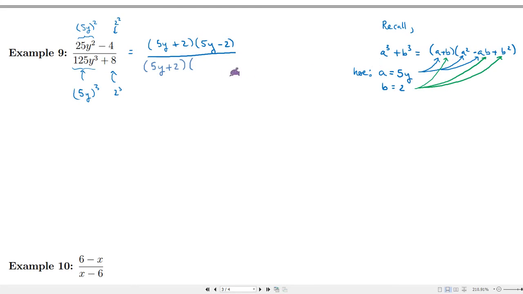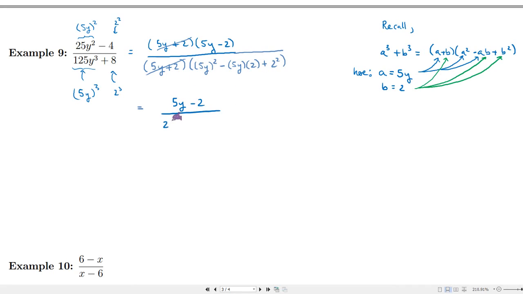But what do we have over here? So we will have 5y squared minus 5y times b, which was 2, and then plus 2 squared. And let's simplify that. Well, the 5y plus 2's reduce. And what do we have left over? We have the 5y minus 2 in the numerator. And then down here we can simplify this a little bit.